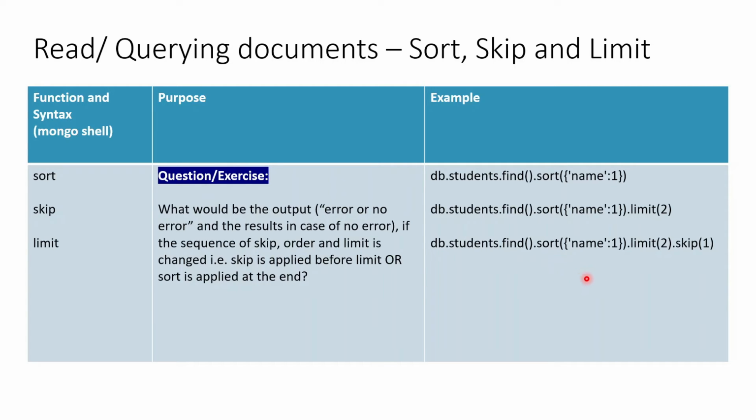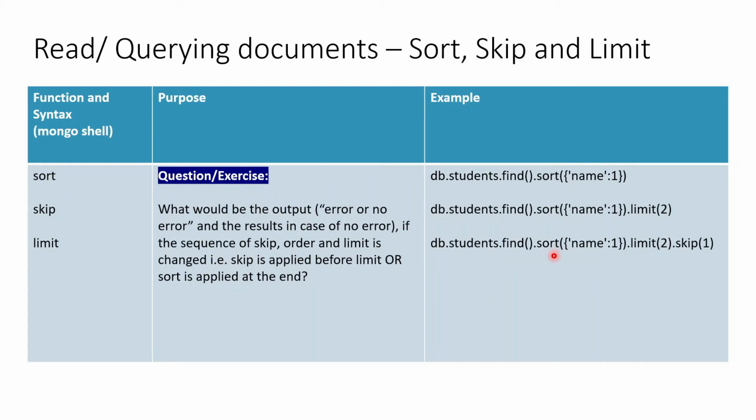Now as an exercise, what I want you to do is, what would be the output? Will it be error or no error? And in case of no error, you will have to tell me what will be the result if the sequence of skip, sort and limit is changed.